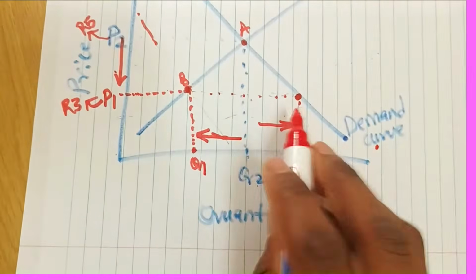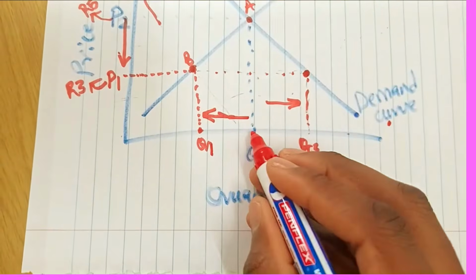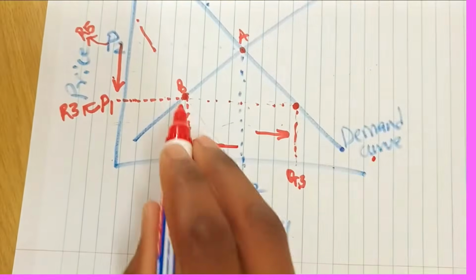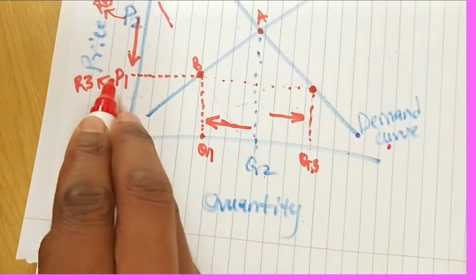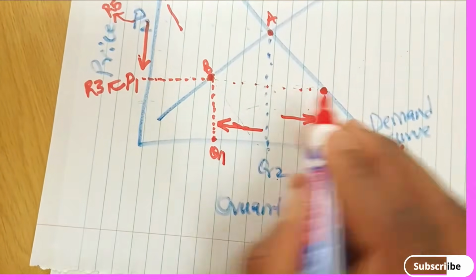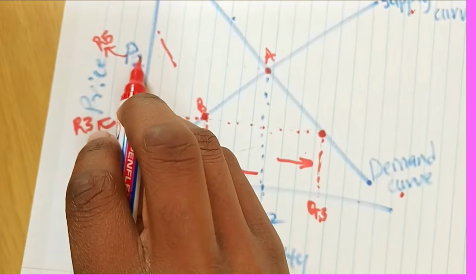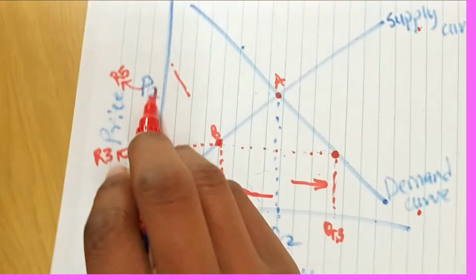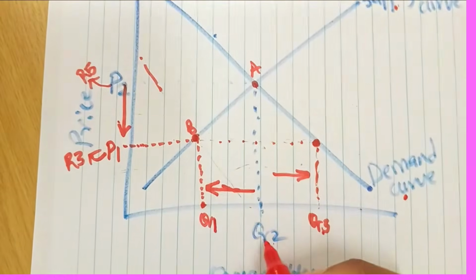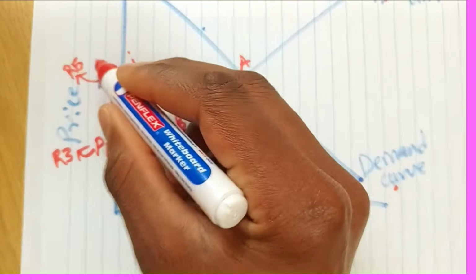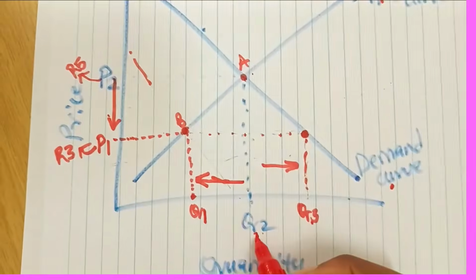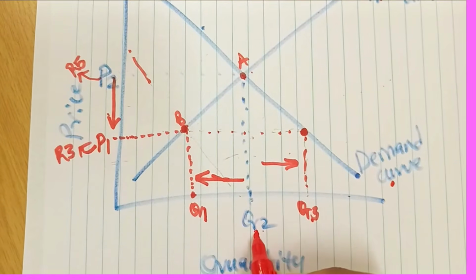Now we look at the demand curve. The current price is P1. When we were on P2, which is 5 rand, the quantity demanded was Q2.